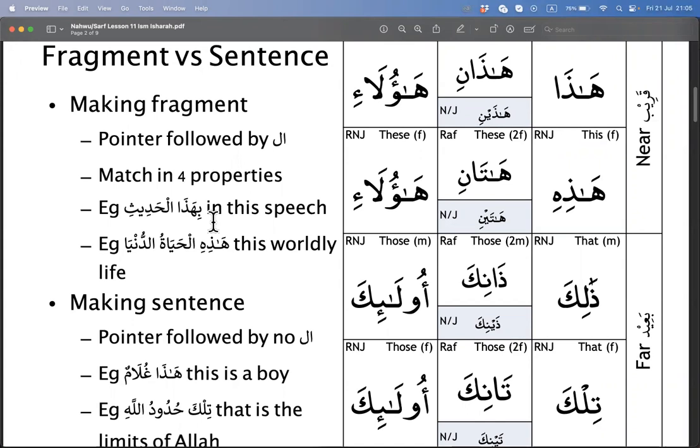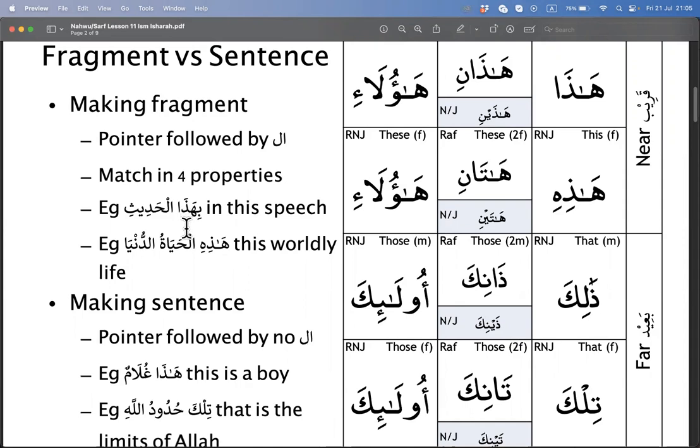What do we have? So of course we have the hadha. Before hadha is what? Bi is a harf of jar. Yes, bi is a harf of jar. So hadha, other than being an ism isyarah, must also be what status?